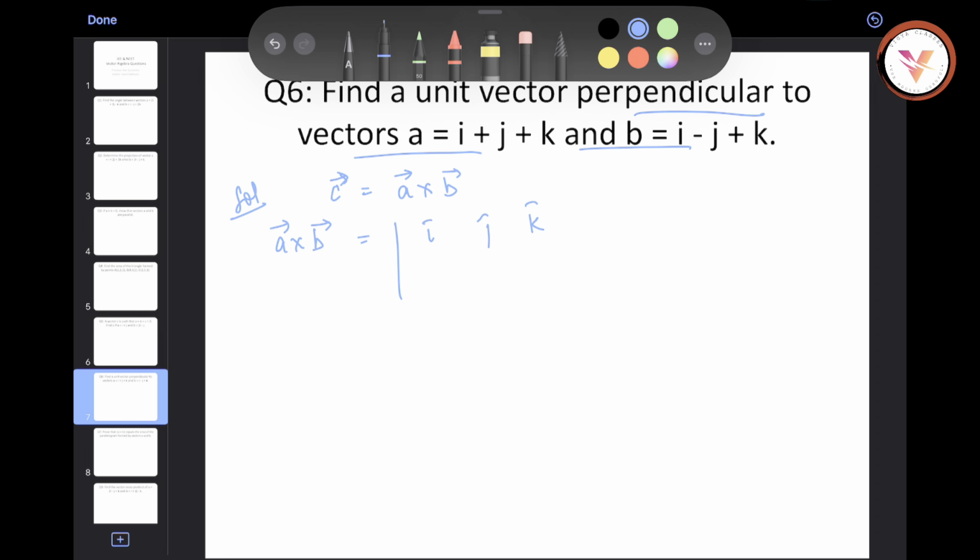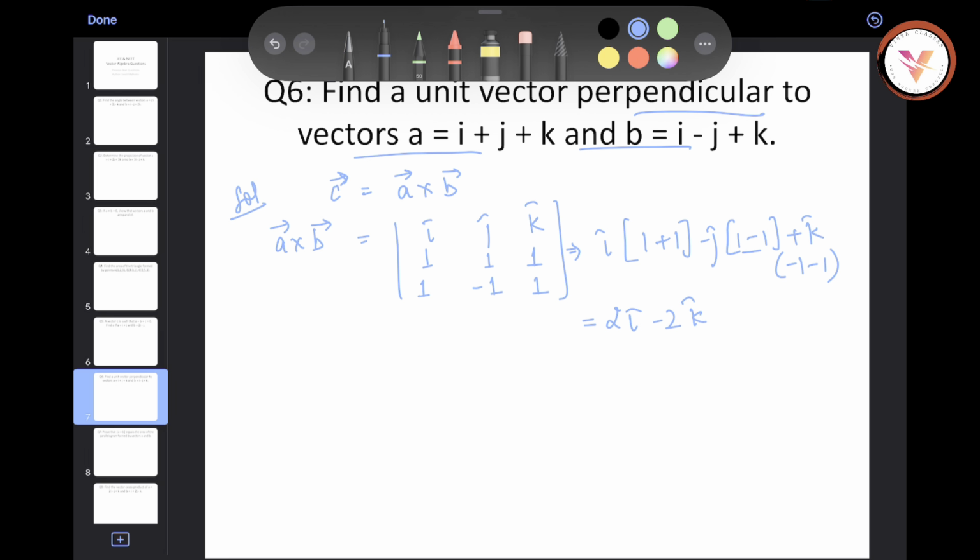A is 1, 1 and 1. B is 1, minus 1, plus 1. Solve it. I cap is 1 minus minus 1 plus 1, then minus j cap, this is 1 minus 1, then plus k cap, and it is minus 1 minus 1. It becomes 2 I cap, this term goes to 0, and becomes minus 2 k cap. So this is your A cross B.